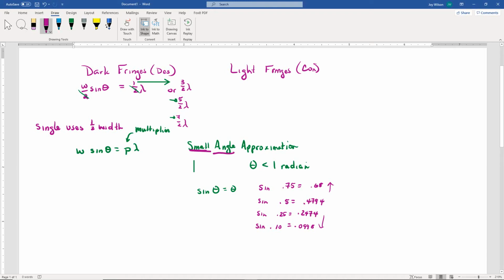So we're almost always definitely below 0.5 radians, and most of the time much closer to 0 radians, 0 point something radians. So the small angle approximation says that sine theta equals theta. And for those of you that don't feel real comfortable with that, let me give you an example of why that happens. So here's a circle.